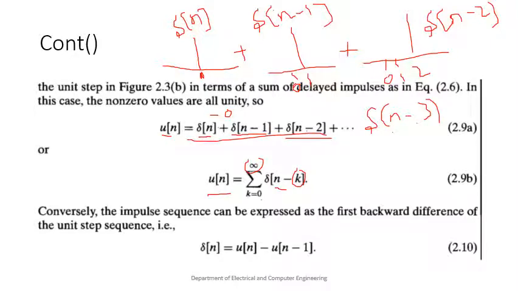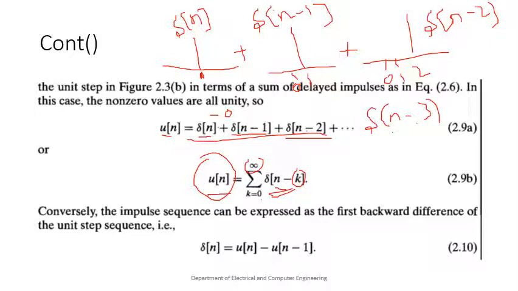This is how I can use delta impulses, or the unit impulse, to generate the unit step. Is this clear? So we have used the unit impulse to generate the unit step.